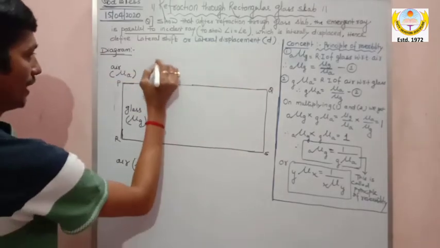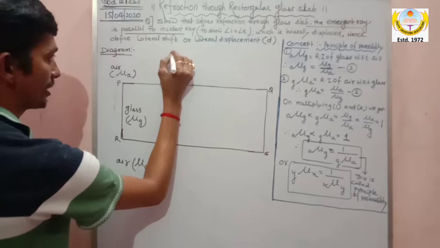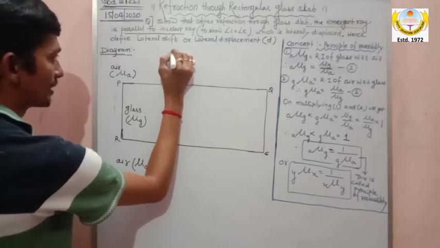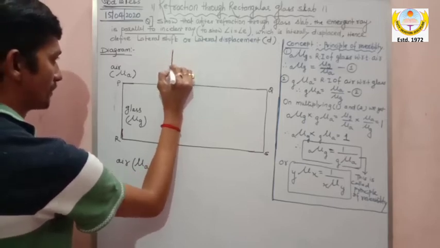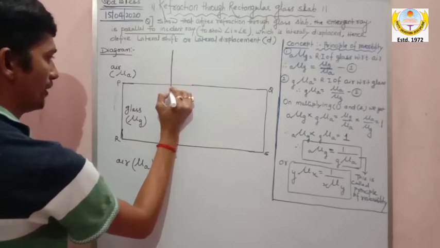Now here, I have drawn the normal first on the first refracting surface. This is the normal drawn.